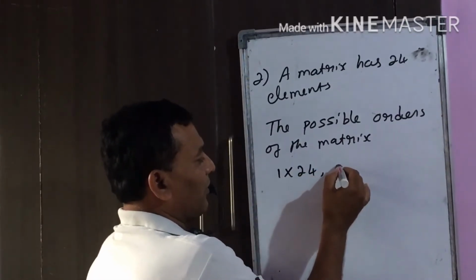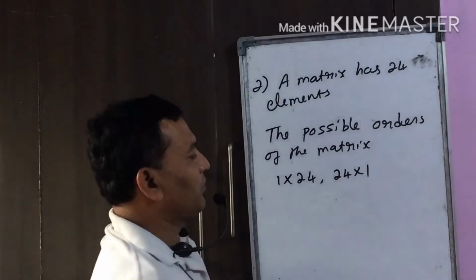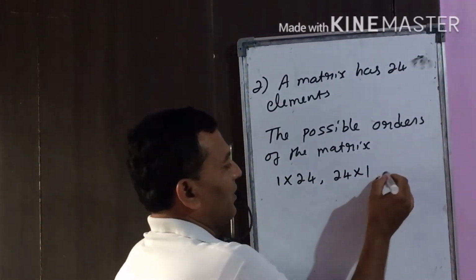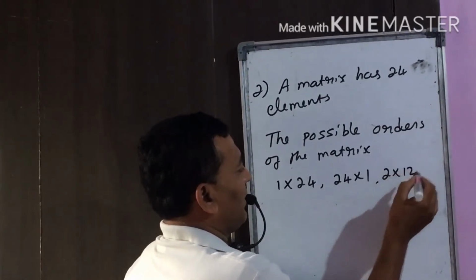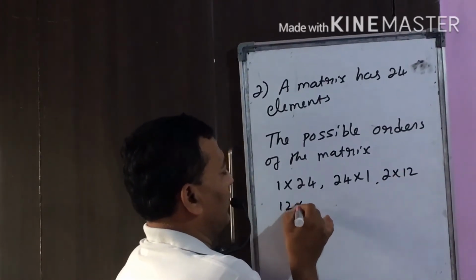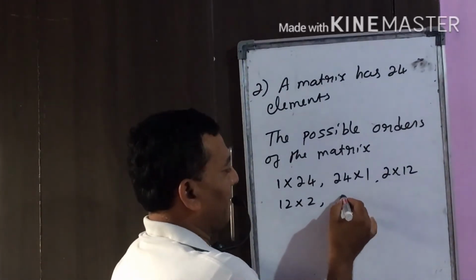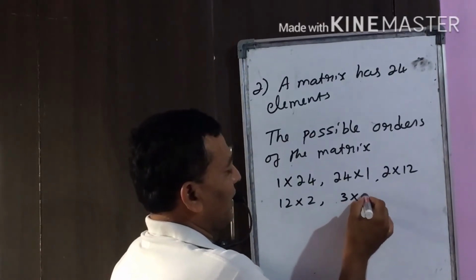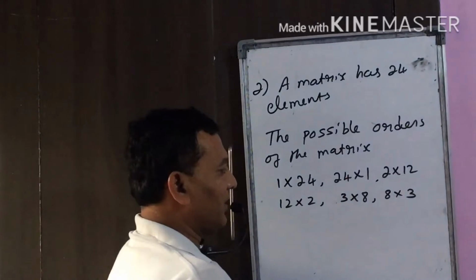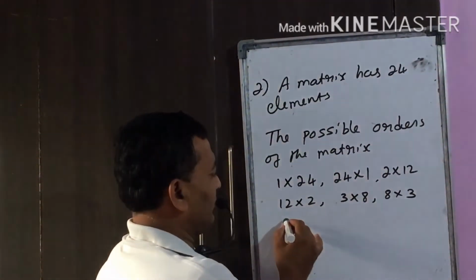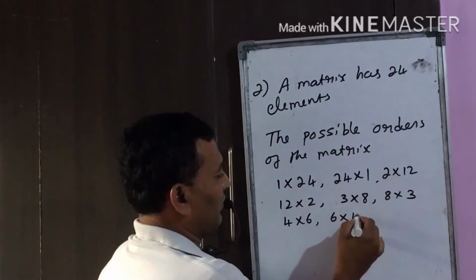It can be a column matrix, that is 24 cross 1, or it can be a 2 cross 12 matrix, or 12 cross 2 order matrix, or 3 cross 8 or 8 cross 3 order matrix, or 4 cross 6 or 6 cross 4 matrix.